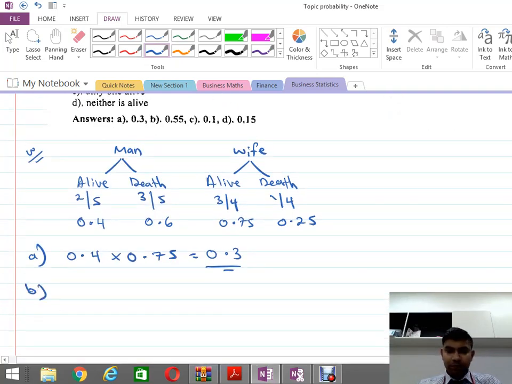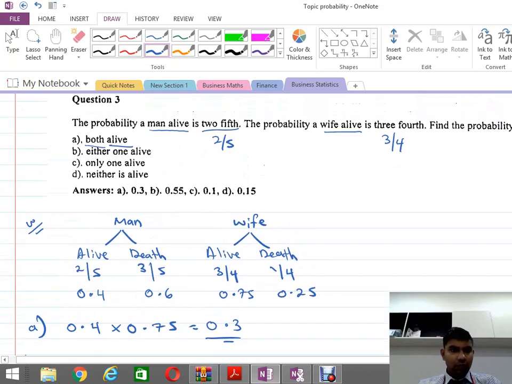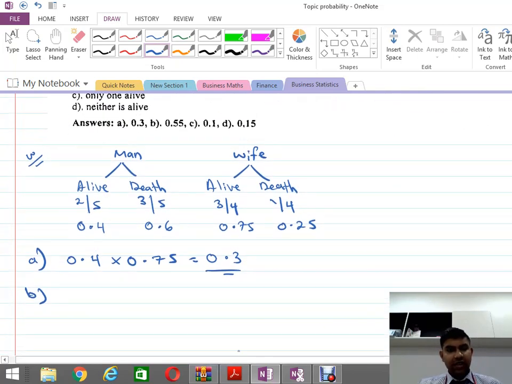For part B, either one alive, that means only one can be alive, the other one is dead, so either one. So you start with man alive, wife dead.